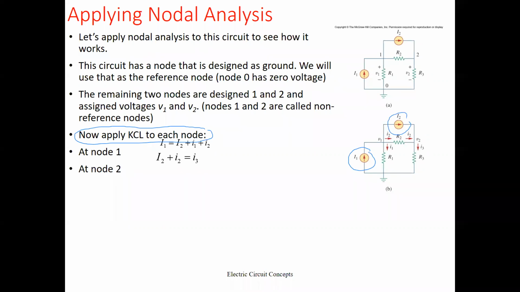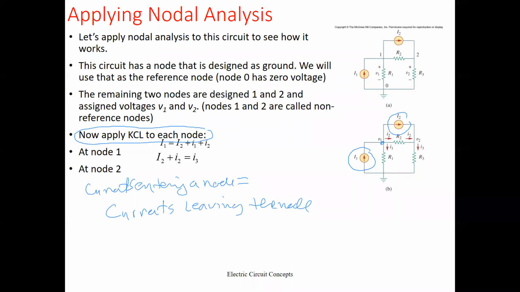So now if we apply KCL at node V1, we know that KCL says the currents entering a node equal the currents exiting or leaving the node.